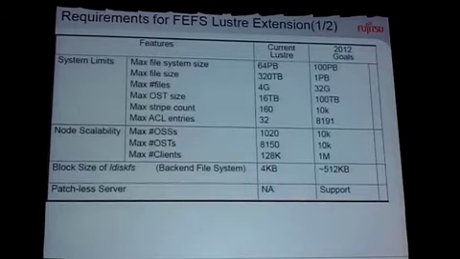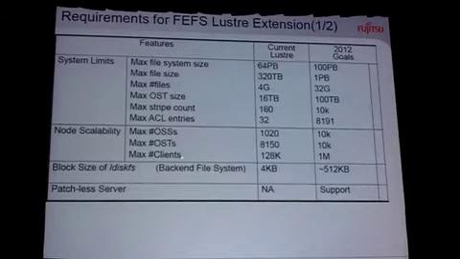And here are our requirements for the file system, or Lustre extension. These are system limits and no scalability, and block size for the ldiskfs. Current Lustre is like here, but our goal is here. Basically, the max file system size goes up to 100 petabytes, the file size is extended to 1 petabyte, the OST size is also extended, and the stripe count goes from 160 to 10K.